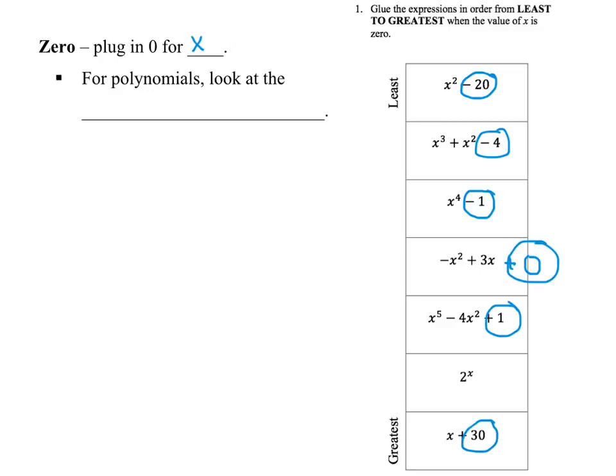So for polynomials, you're just going to look at the constant term, which is the one without an x.